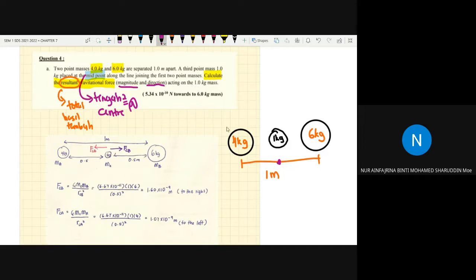kg mass. Okay, actually forces that will act on 1 kg mass ini adalah, okay, contohnya dia akan ada dua forces ini, which is attractive force lah, gravitational force.